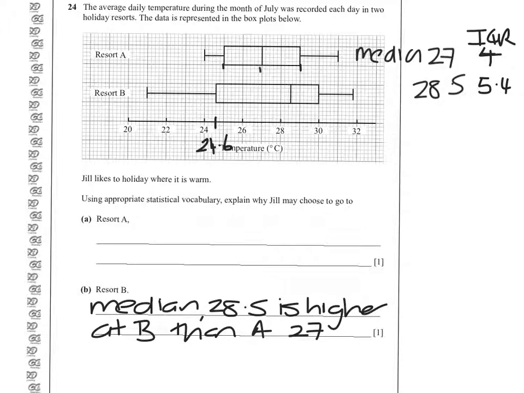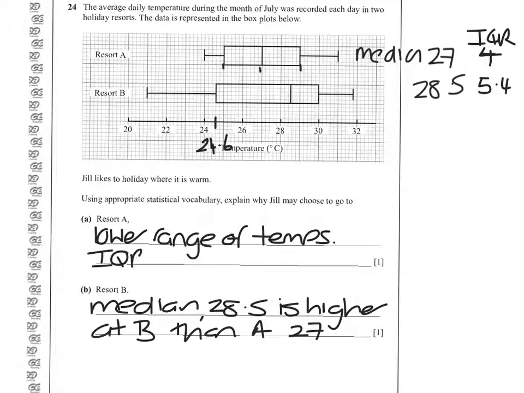So in resort A, the reason for going there is a lower range of temperatures, so it's less likely to be lower. The interquartile range for A is 4, and the interquartile range for B is 5.4.